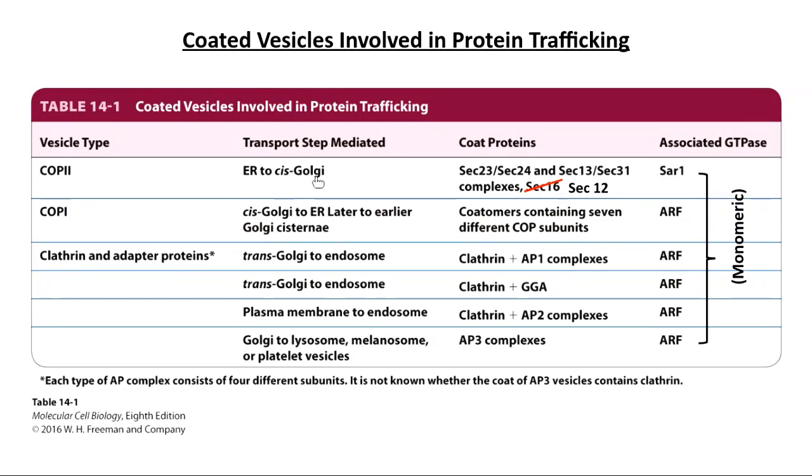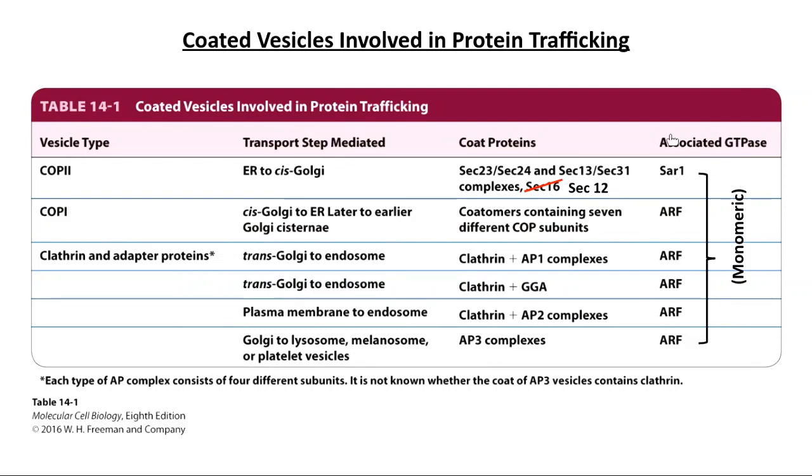And in those COP2 kind of coat proteins, the associated GTPase is called SAR1. This is a small GTPase. The SAR1 recruits the further coat proteins known as Sec23/24, Sec13/31, and then Sec12. Sec12 is already there anyway.